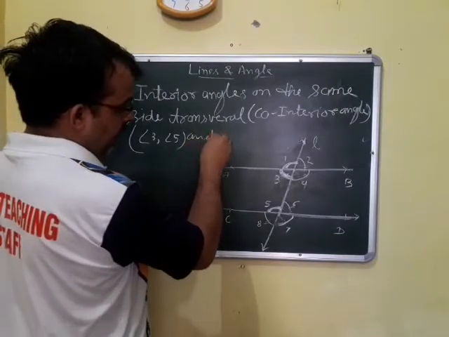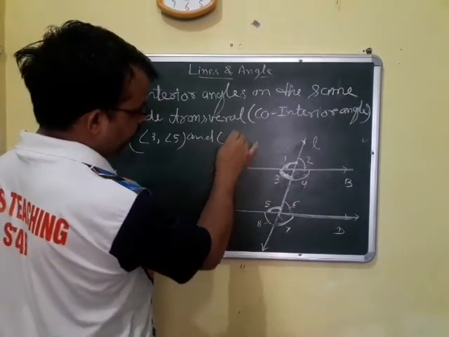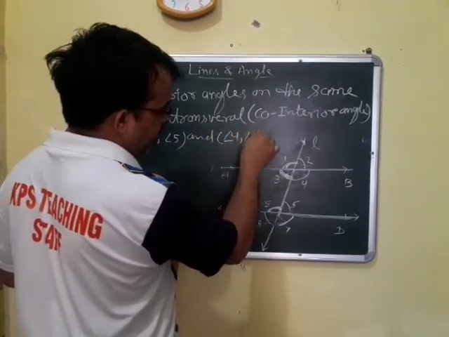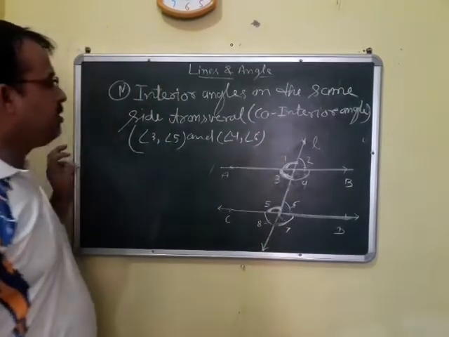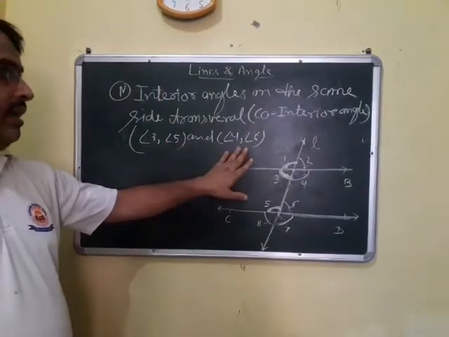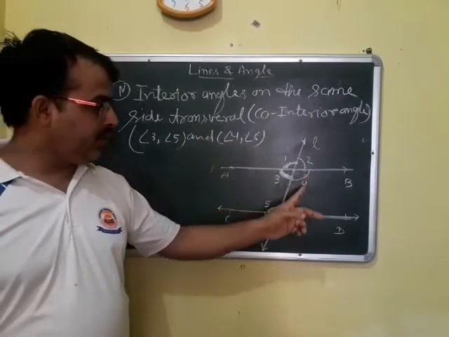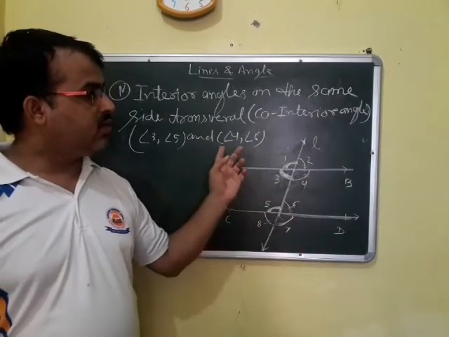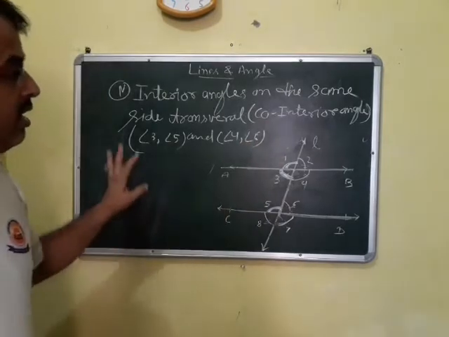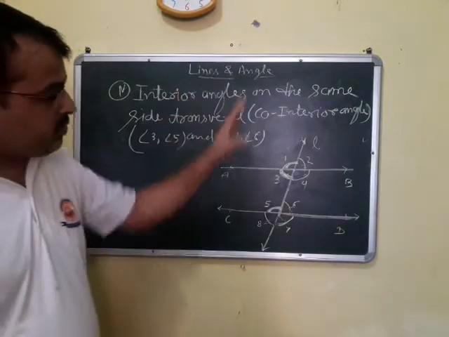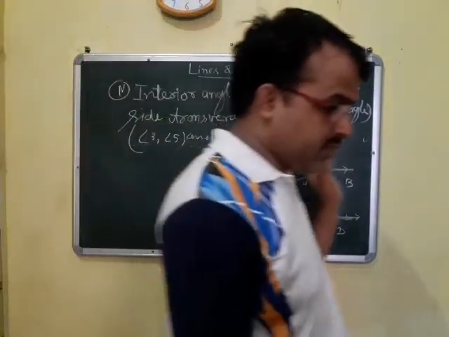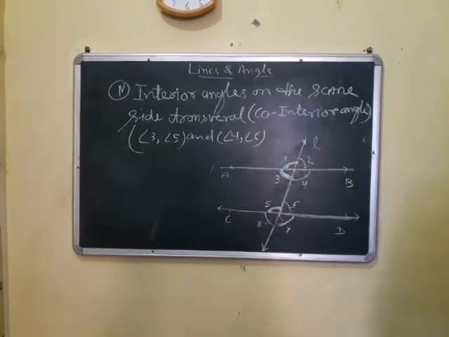And angle 4 and angle 6. These are the co-interior angles: angle 3, angle 5, angle 4 and angle 6, the co-interior angles of a transversal of two lines. Clear?